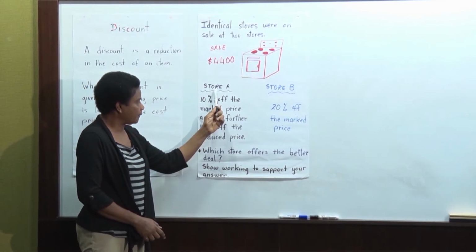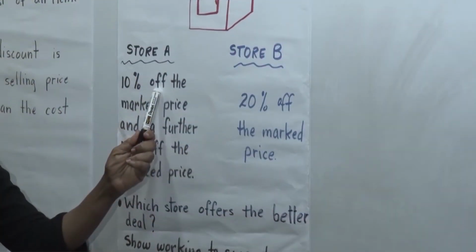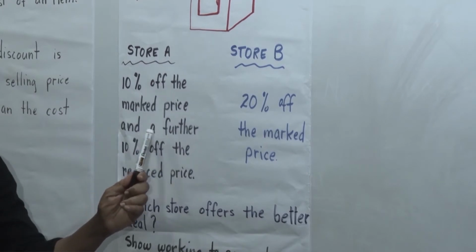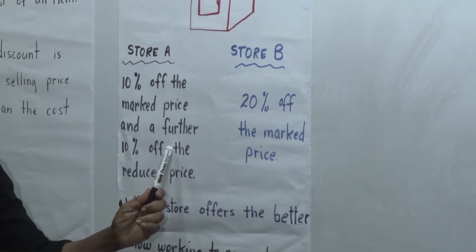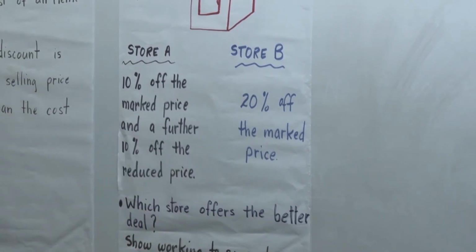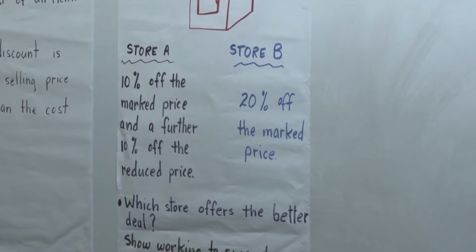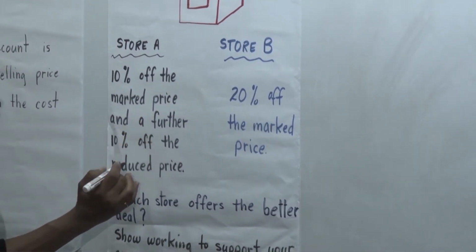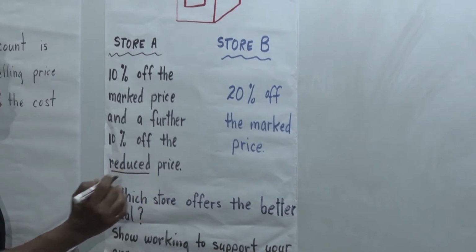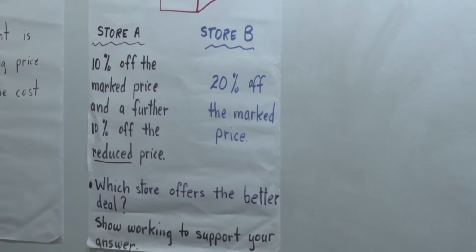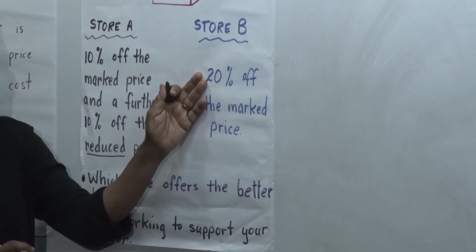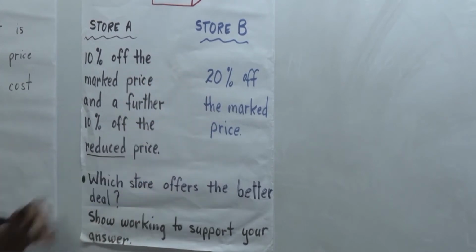At store A, you're getting 10% off the marked price and a further 10% off the reduced price. I want you to pay attention to this. It says a further 10% off the reduced price. And at store B, it is a simple 20% off the marked price.